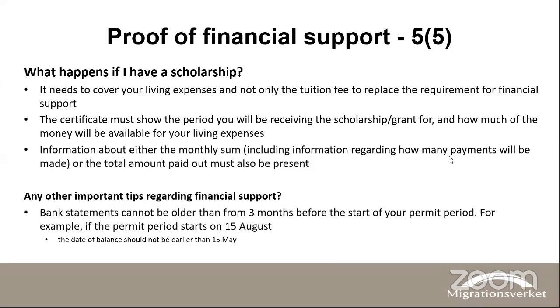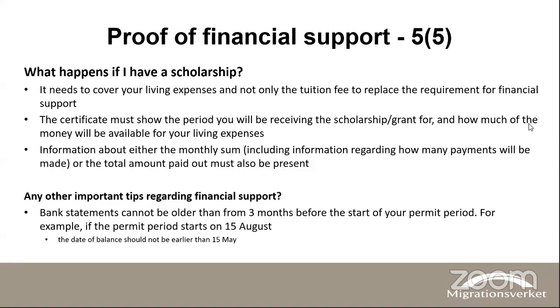The certificate must show the period you will be receiving the scholarship for and how much of the money will be available for your living expenses. Information about either the monthly sum, including how many payments will be made, or the total amount paid, should also be present.